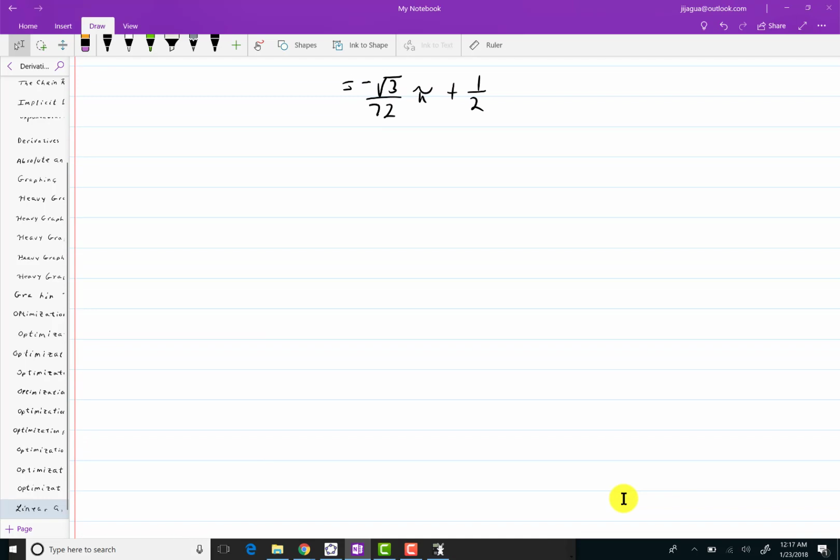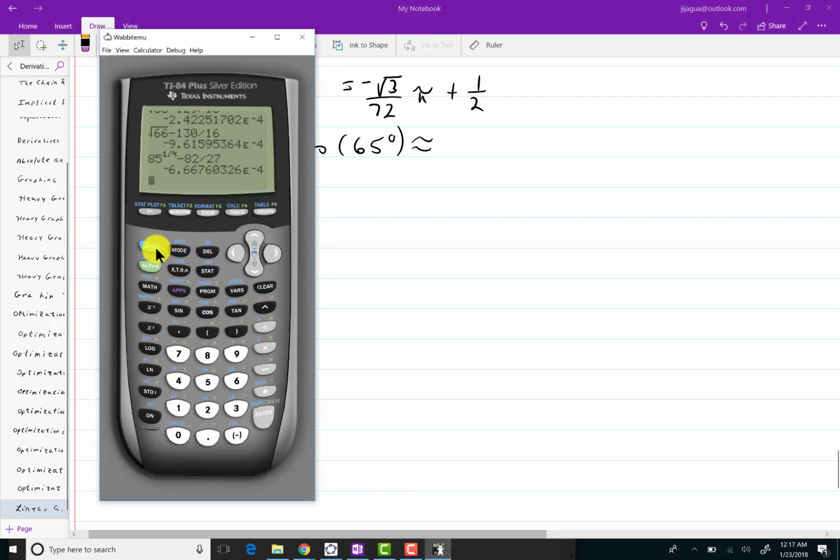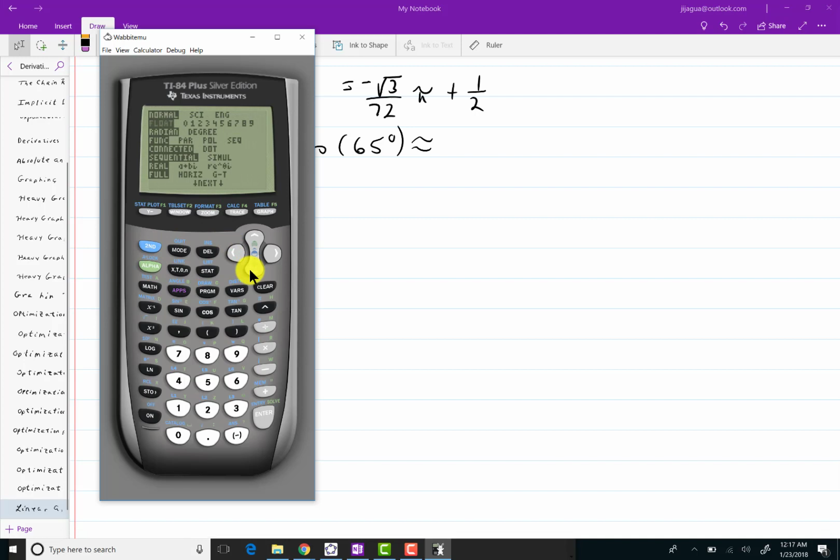Let's see how close this is to the actual answer. Cosine of 65 degrees is approximately, using the calculator, let's try this one out. And just for the briefest of moments, I'm going to change my mode to degree, and then go back to the home screen and calculate cosine of 65. 0.4226.